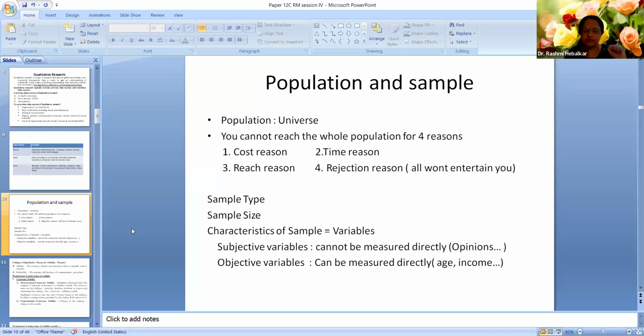Okay. So research methodology students from Pune is population. And you people from ISTD are sample. Possible?